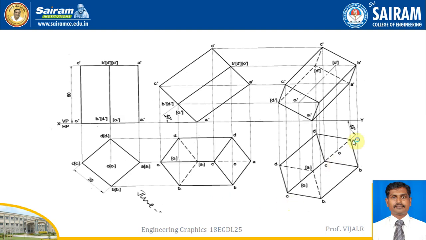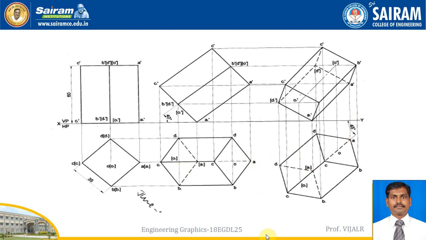Now the third position is inclination. The axis appears to be inclined at 45 degrees. Either you can draw in this direction or this direction, it's not a matter, but tilting the axis is important. A, O, C, all the points should be in line in this. That is very important here.